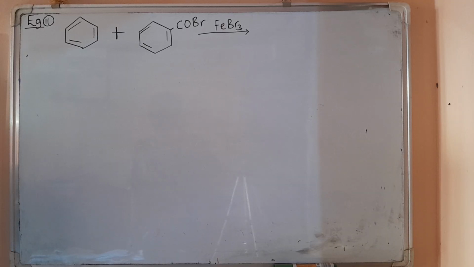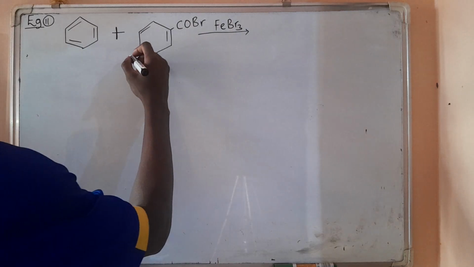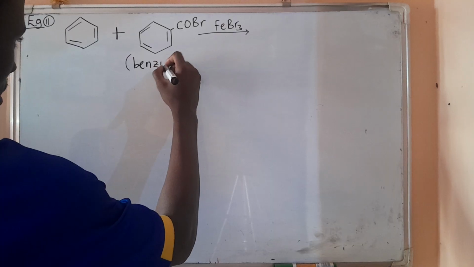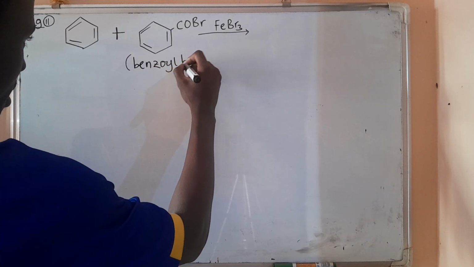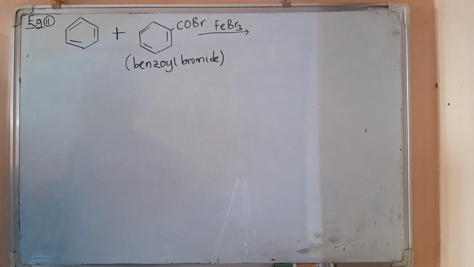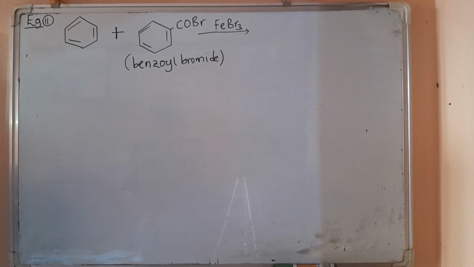Example 2, we have benzene reaction with benzoyl chloride. This compound is known as benzoyl bromide. Still, it is an acyl compound. We have seen that there are two approaches towards writing the mechanism in the first example.